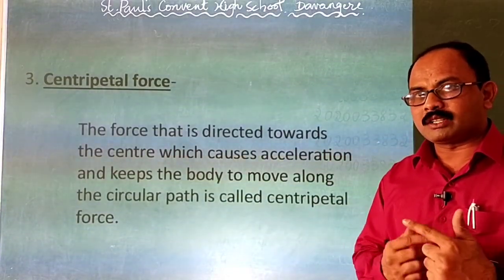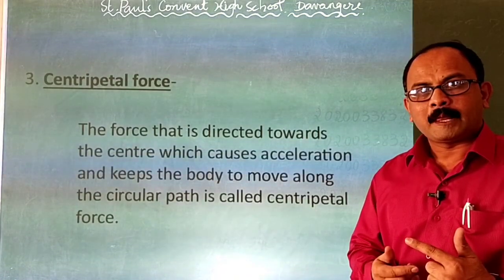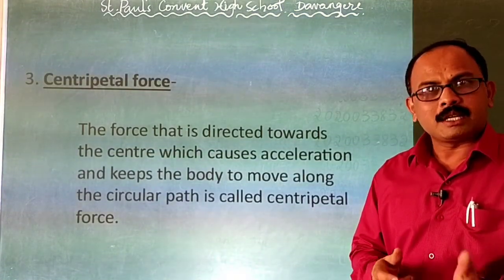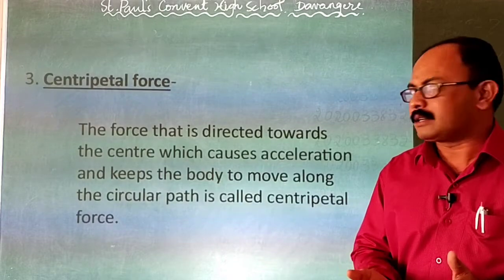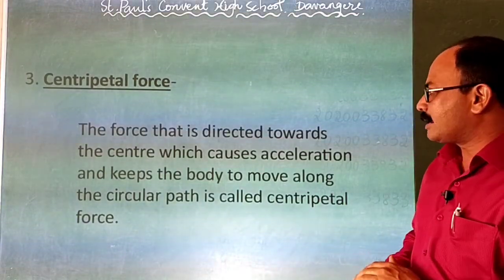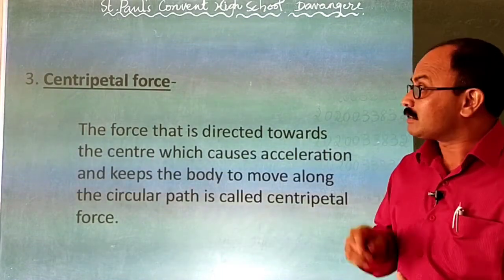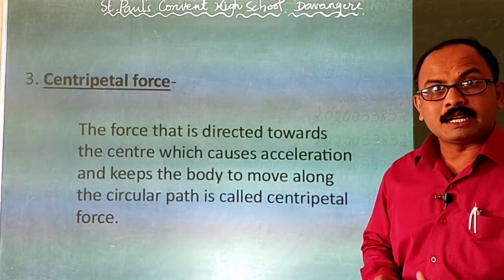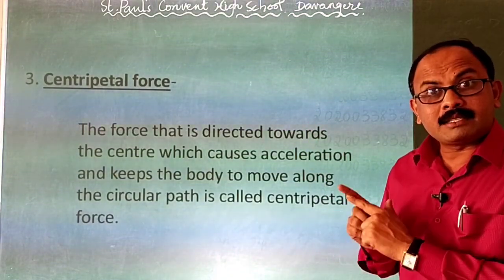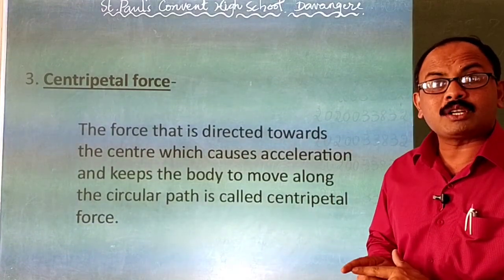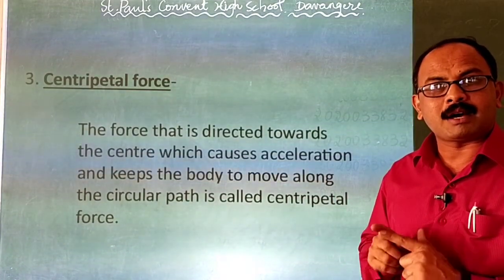When a body moves along the circular path, its direction changes. Therefore, it is said to be accelerated. It causes acceleration and keeps the body moving along the circular path. Centripetal force is the reason behind the motion of the body along the circular path.